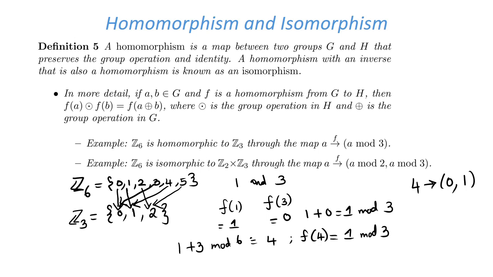Again, I leave it as an exercise for you to figure out why this is an isomorphism. You can show that this map is homomorphic both in the forward direction from G to H as well as from H to G. And that will show that this map is indeed an isomorphism.